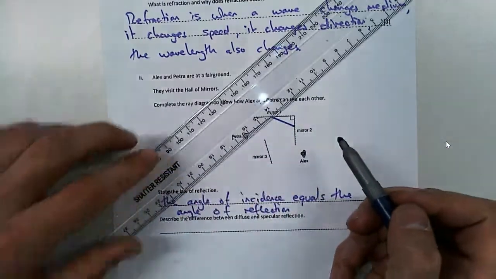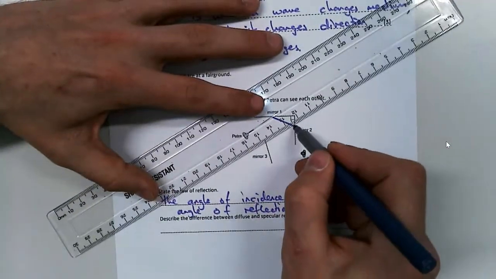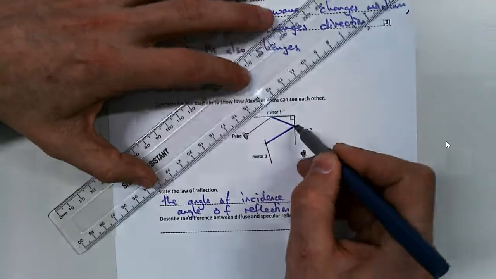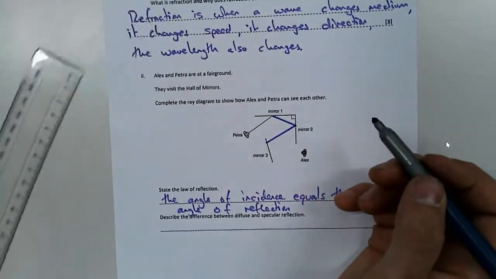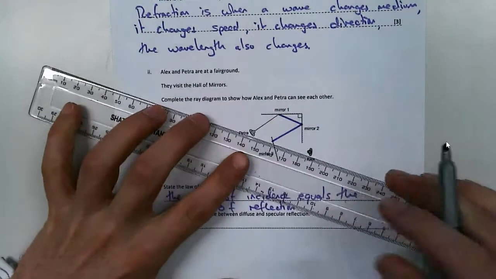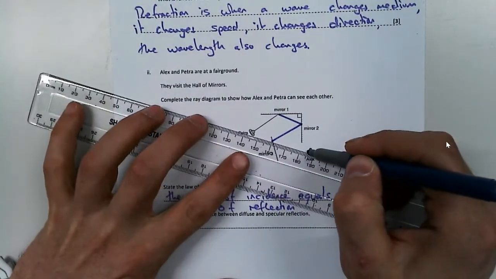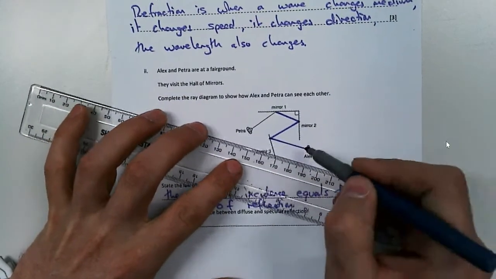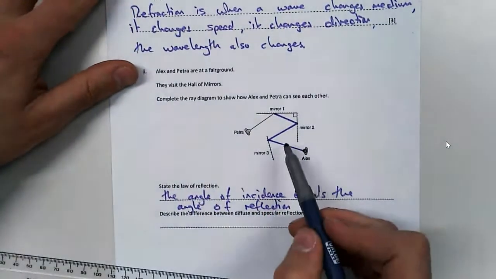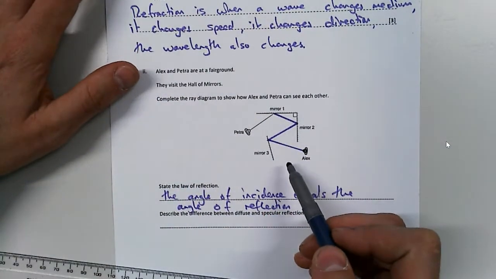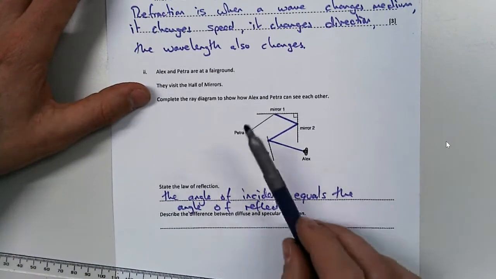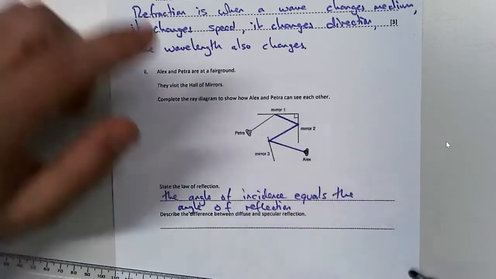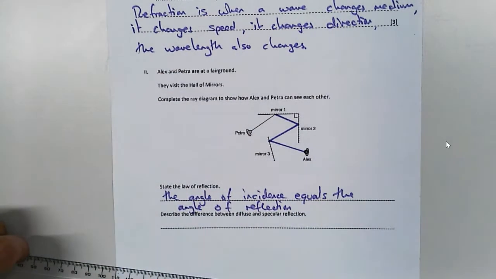And then obviously here it needs to reflect at the same angle that it comes in at. And then finally it needs to do the third ray. And there is a clue, obviously it should go to Alex. If it doesn't go to Alex, there's a good chance that you've done something wrong here. Maybe because mirror 3 is tilted, you might have made a mistake.